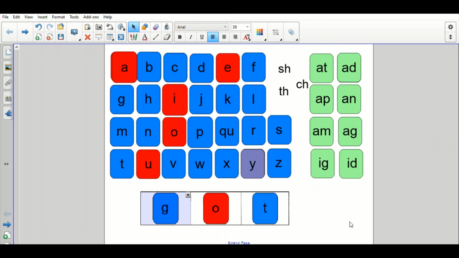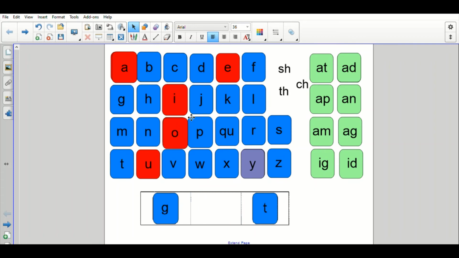Now we're going to change the o in got to u. Think about what you have to move. Go ahead. Okay, we're changing the o in got to u. So I'm taking away the O. And I want the letter that says u.